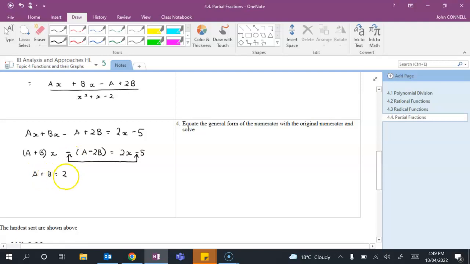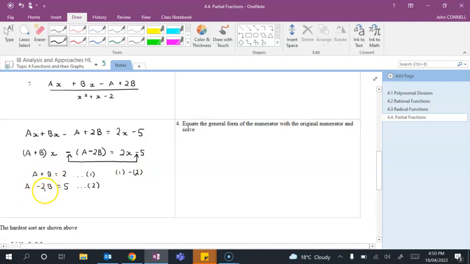So a plus b equals 2, and a take 2b equals 5. Okay, so I've just got to solve these simultaneously. Let's call this 1 and 2. If I do equation 1 take equation 2, I'll get a take a, which gives me 0.